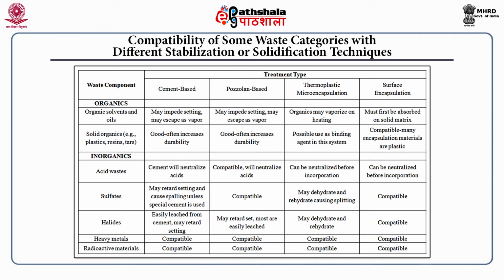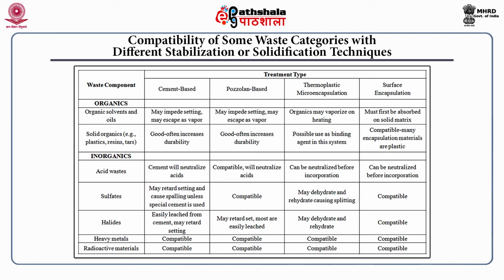solidification techniques. In the case of organic solvents and oils, cement based products may impede setting and the solvents may escape as vapor, while pozzolan based products may also impede setting or allow escape as vapor, and thermoplastic or micro encapsulation causes organics to vaporize on heating.